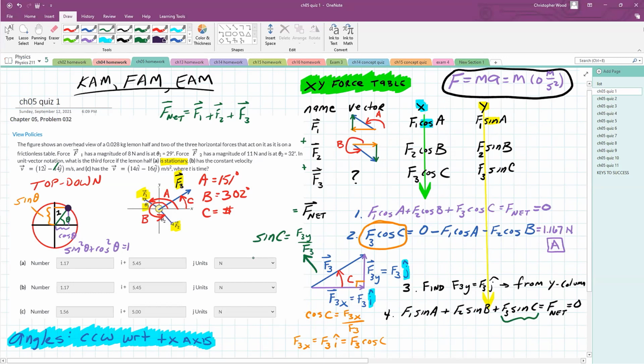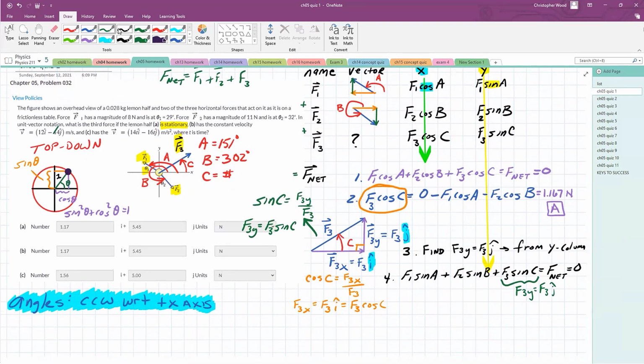And that's how I'm saying F3Y is represented as F3 times the sine of angle C, because the sine captures the Y component. This is F3Y, which is the same as F3 J hat. So let's solve that and move on.